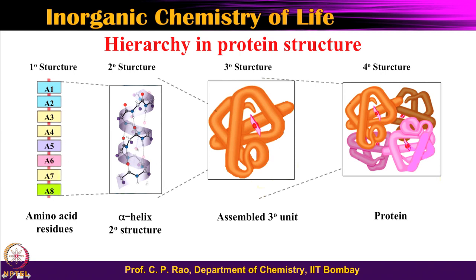The secondary structure is the one where, in this particular example, we have shown alpha helical, but you can have beta sheet also, which I explained. They take these turns because of stabilizing forces, and to make this you have to make a twist, which is some dihedral angle twist, and these twists are made with respect to N-C alpha, C-C alpha.